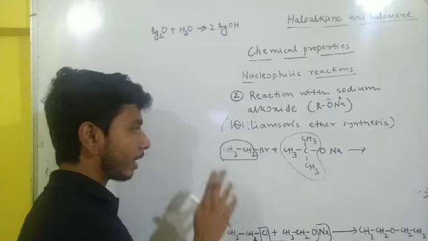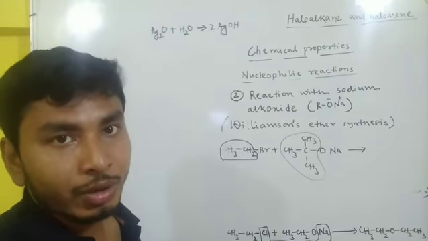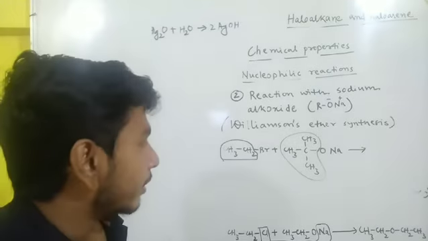Here the two alkyl groups are not similar, so one is larger in size and the other is smaller in size.